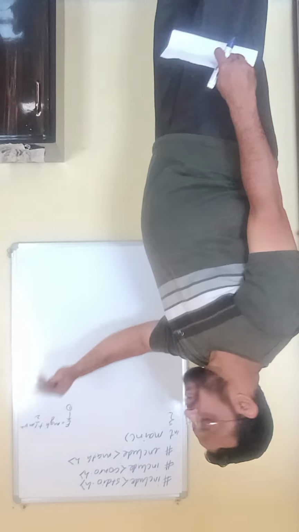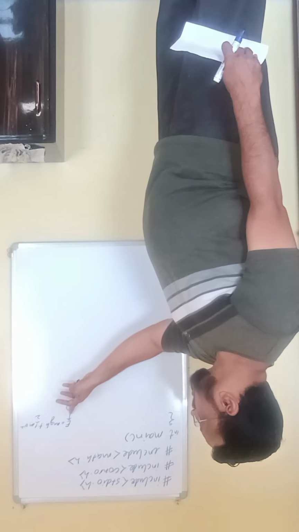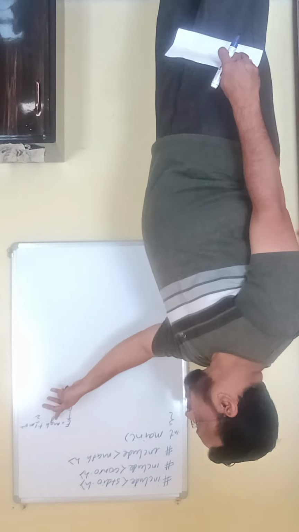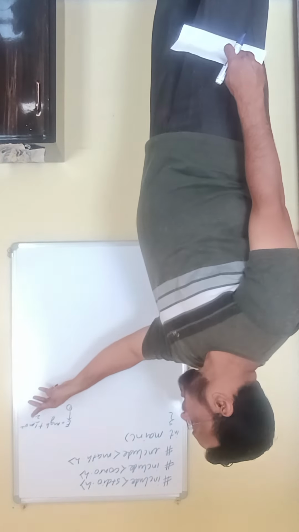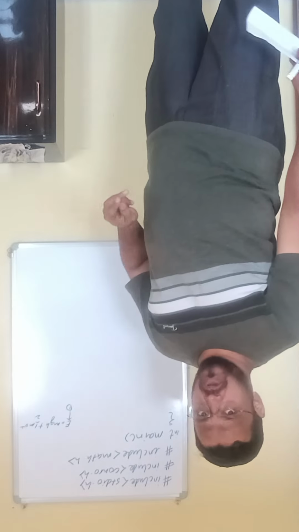Okay. So how many variables do we need here? We need one for the output, one for the mass, one for the gravity, one for the height, and one for the velocity.